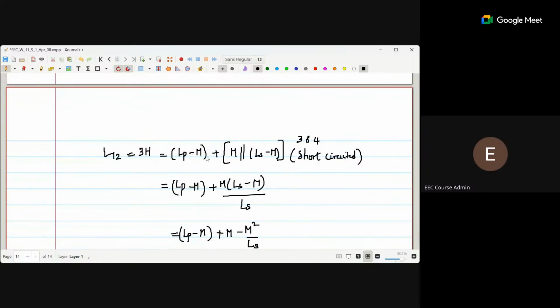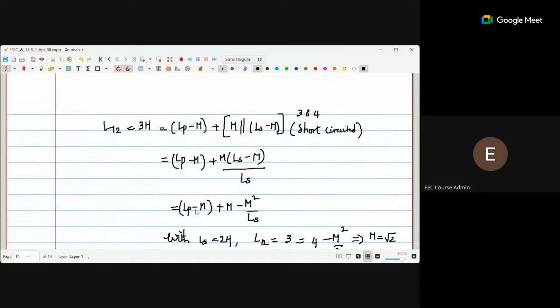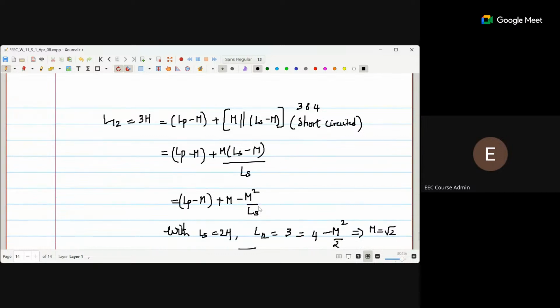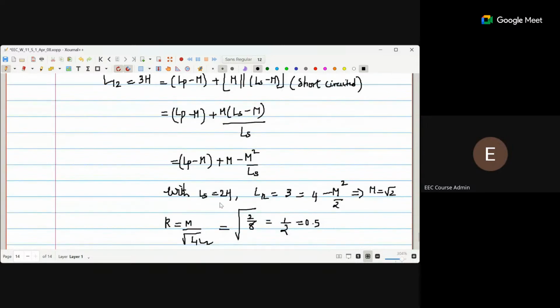So LP minus M plus M parallel LS minus M. So that will be M into LS minus M by M plus LS minus M. So M and minus M get cancelled, so in the denominator it will be LS. So LP minus M, then plus M into LS by LS, that will be plus M, then minus M square by LS. Then LS is 2 Henry given.